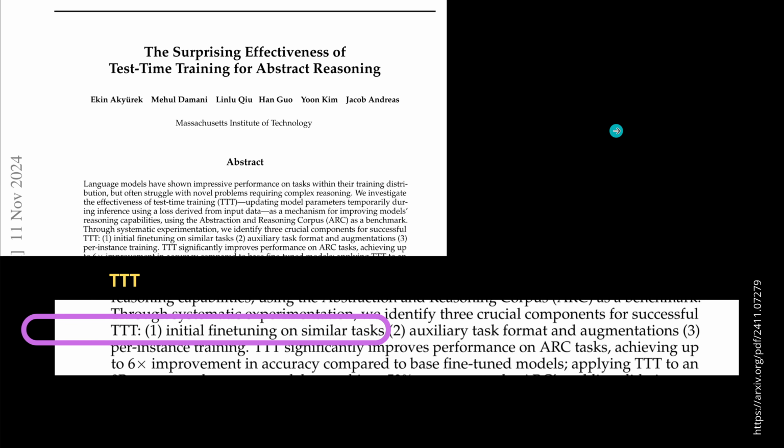And as I told you, they say the most important fact is that we have an initial fine-tuning of our LLM, or maybe our small language model, on a similar task. So you see the data distribution of our training data has to be in a direct relationship to the given task if we have an inference. Similar means maybe a little bit shifted in the domain knowledge, but not a completely new task.